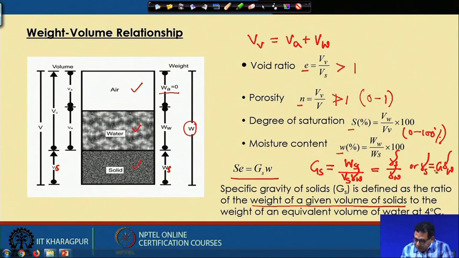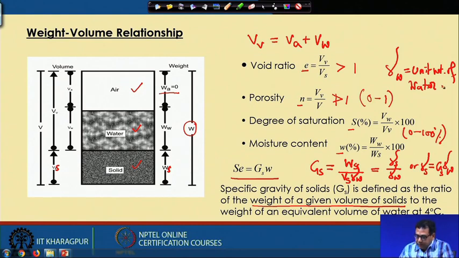So, gamma_s is equal to specific gravity of solid into the unit weight of water, where gamma_w is the unit weight of water.